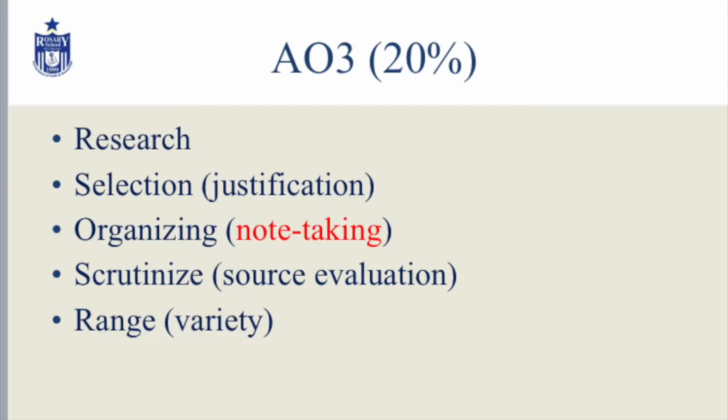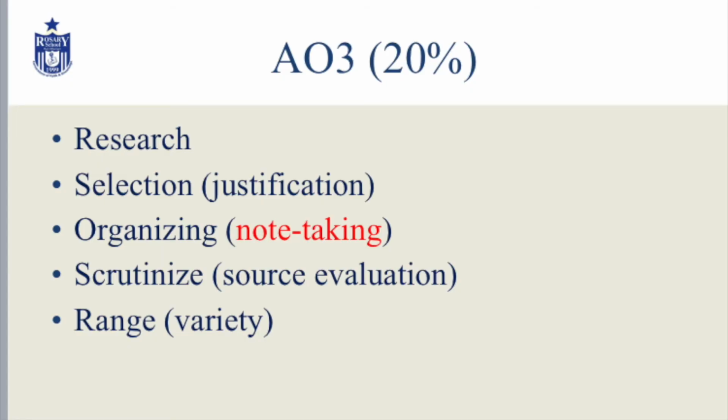Yeah, so it's good to summarize each and every resource. That could save you a lot of time later on, and it could be very helpful to keep track of everything. Then another step with AO3 is to scrutinize, basically evaluating your sources. Mention why you think this source is more reliable than this source. Why do you think you should rely on this when they both say different things, for example?